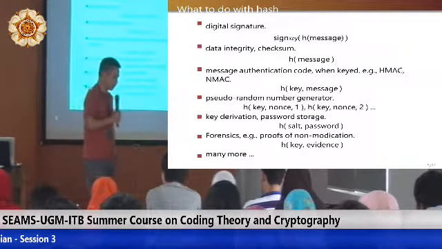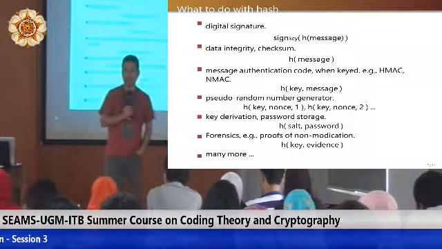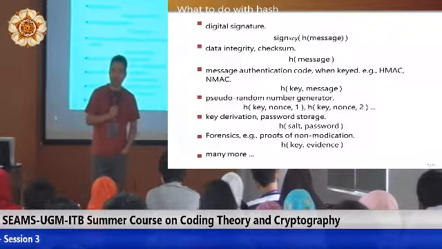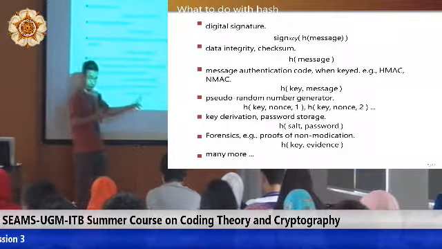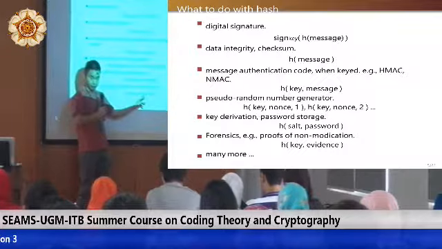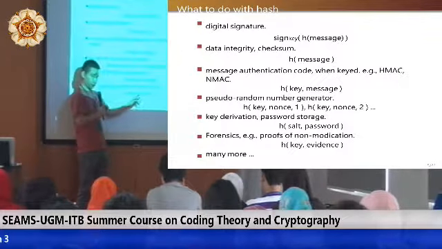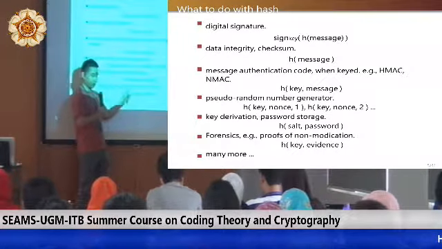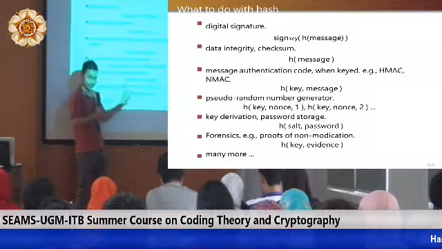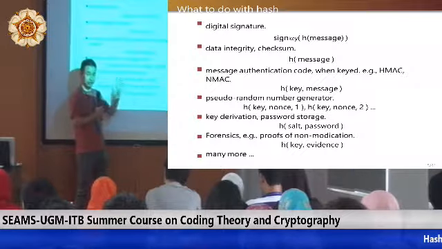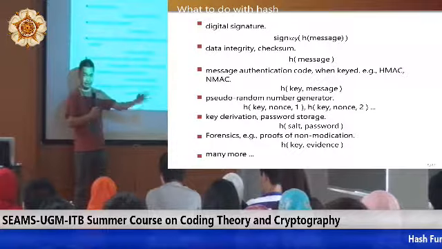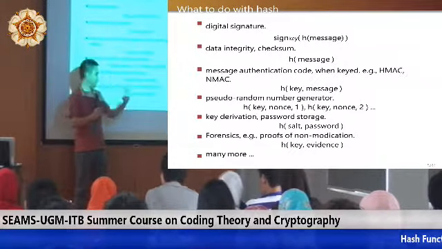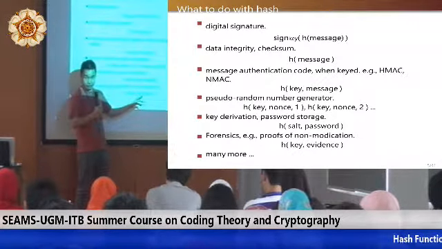When someone has some doubts about this claim, what you can do is show the evidence to the courts, and the courts will do the same: using the key and the evidence, compute the hash. If this hash is consistent with what you published years back, then it is convincing that this evidence was not modified.